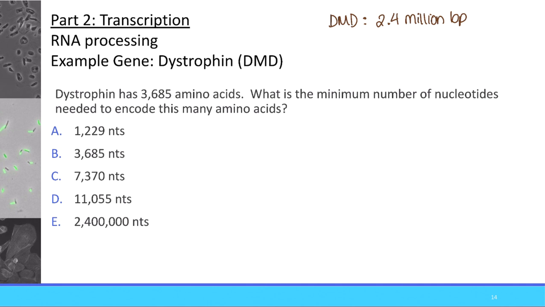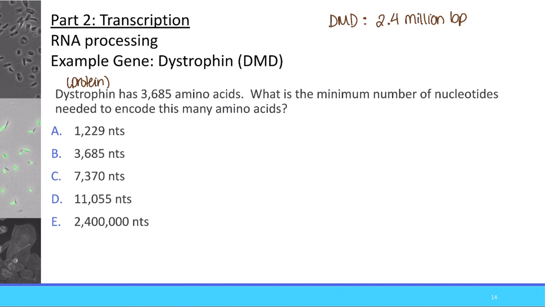Dystrophin, the protein, has 3,685 amino acids. Because we know how many amino acids it has, we can figure out the number of nucleotides needed to encode it.